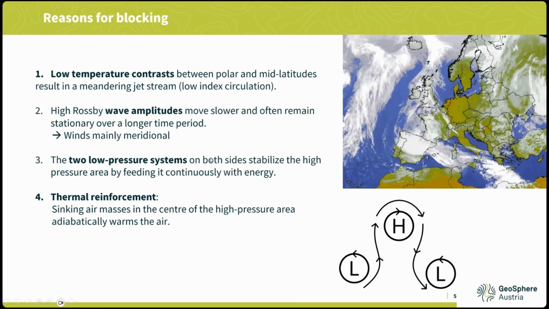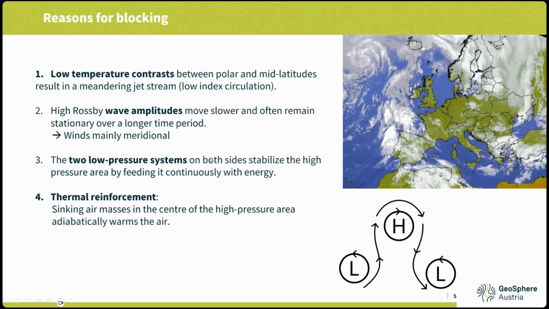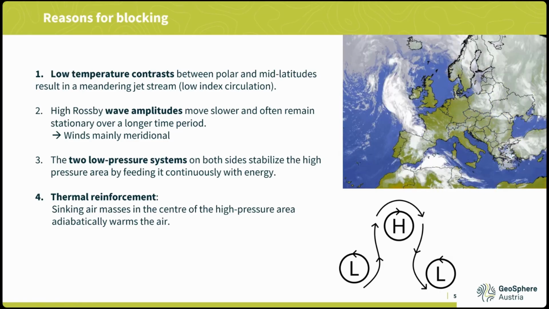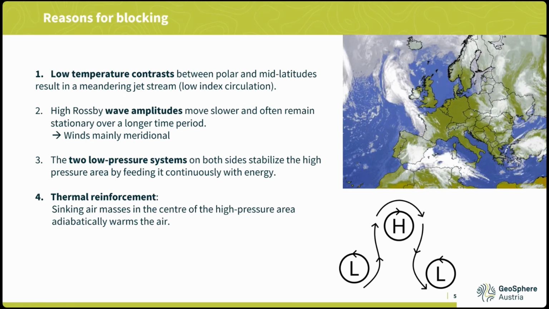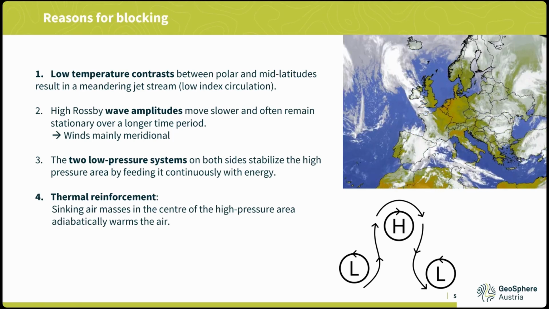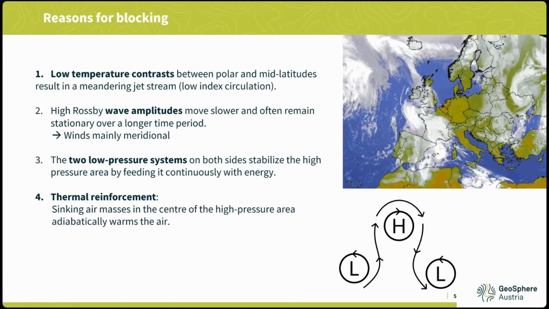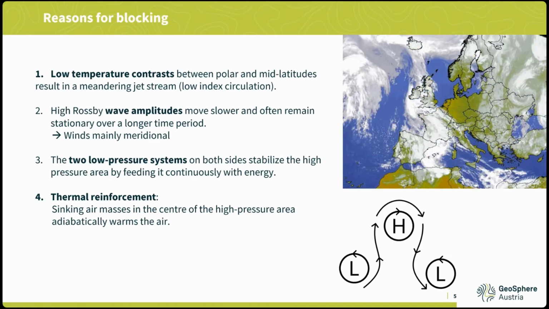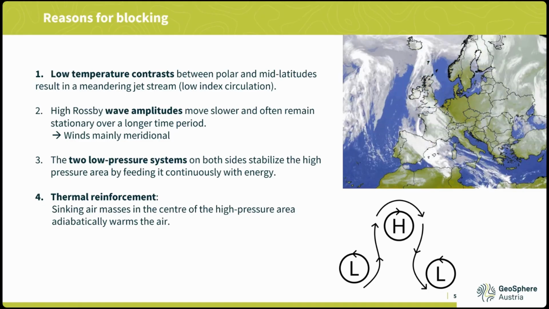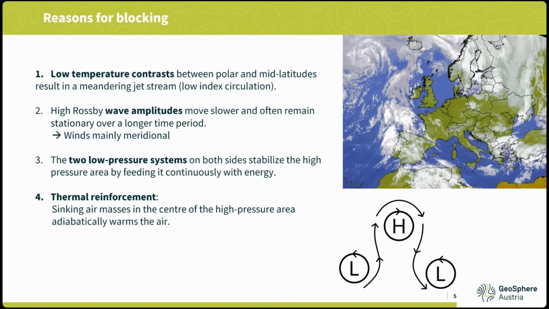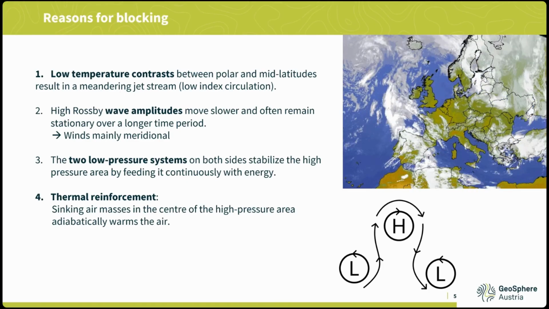So first thing that we see is low temperature contrast in such a situation between the polar region and the mid-latitudes. And in such a case, the jet is there, but it's not a jet that is in east-west direction. The jet is merely undulating, meandering between the southern and northern positions.